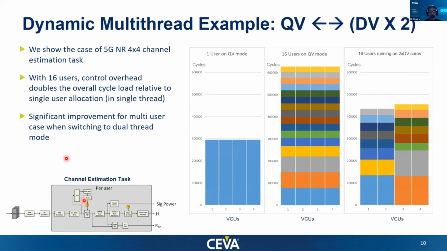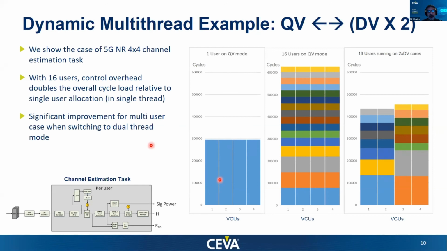Here we can see the cycle count when you need to process a single user that gets the full spectrum of a 5G carrier, let's say 100 megahertz of spectrum. This is one extreme case, and you can see that this channel estimation will take around 300,000 cycles.